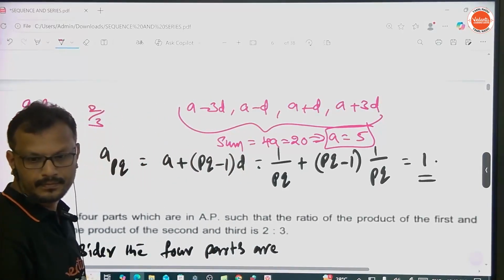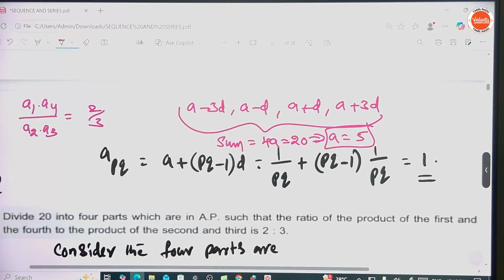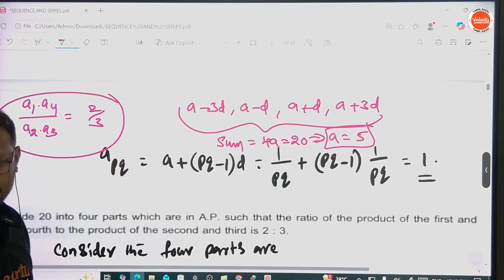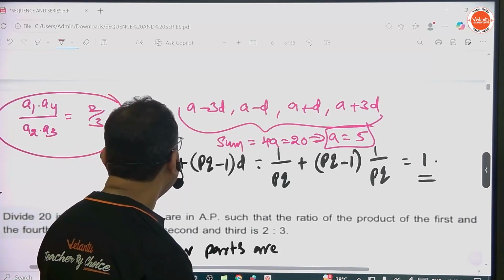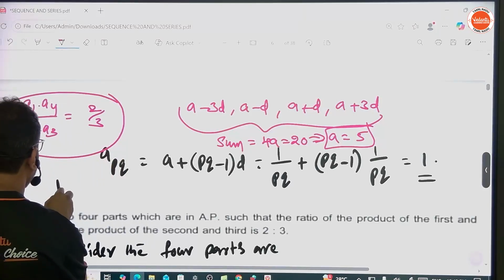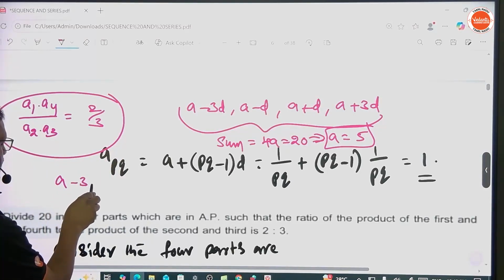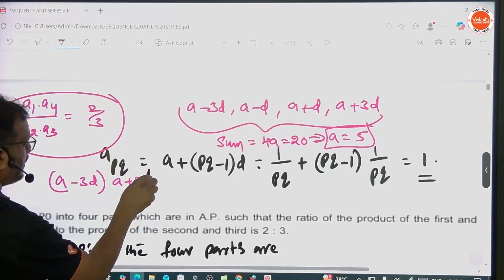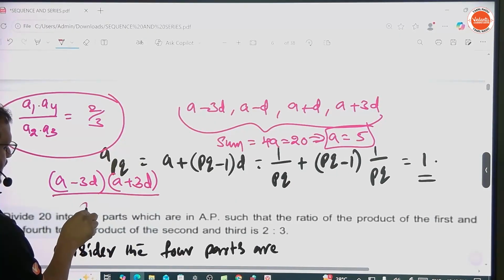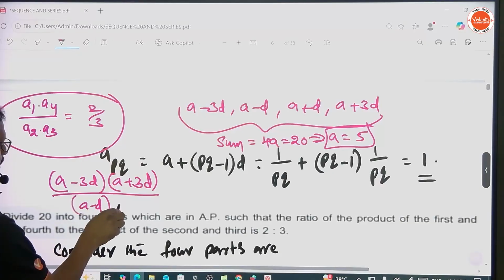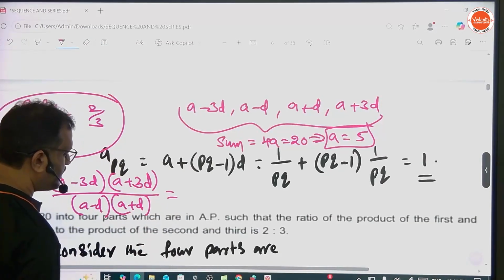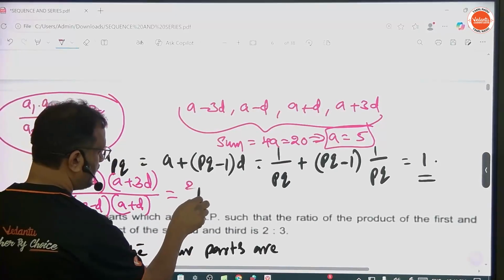5. So now how will we get the D value from this condition? Use this condition. So what is that? (A minus 3D) into (A plus 3D) by (A minus D) into (A plus D) must be equal to 2 by 3.